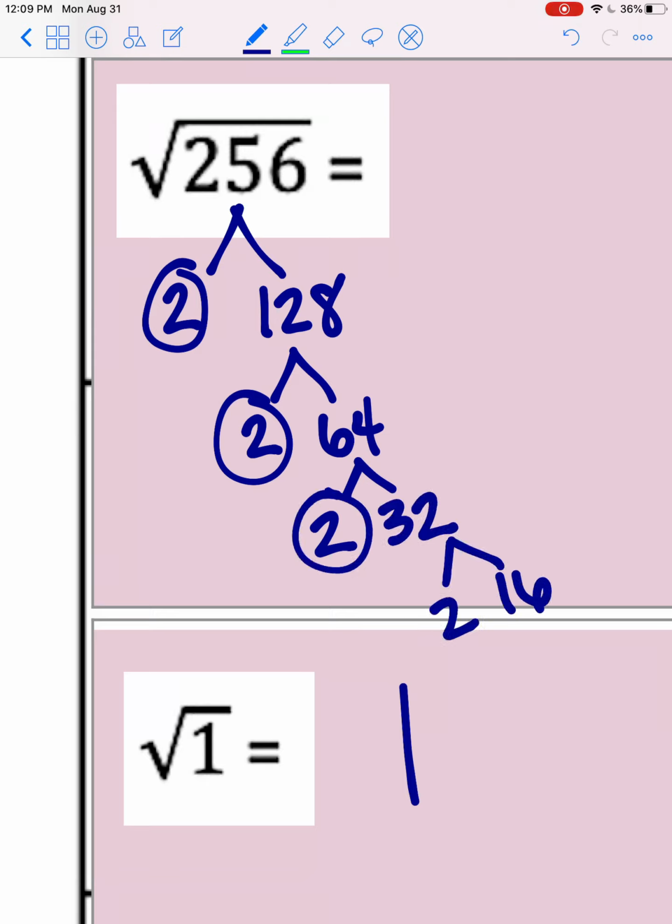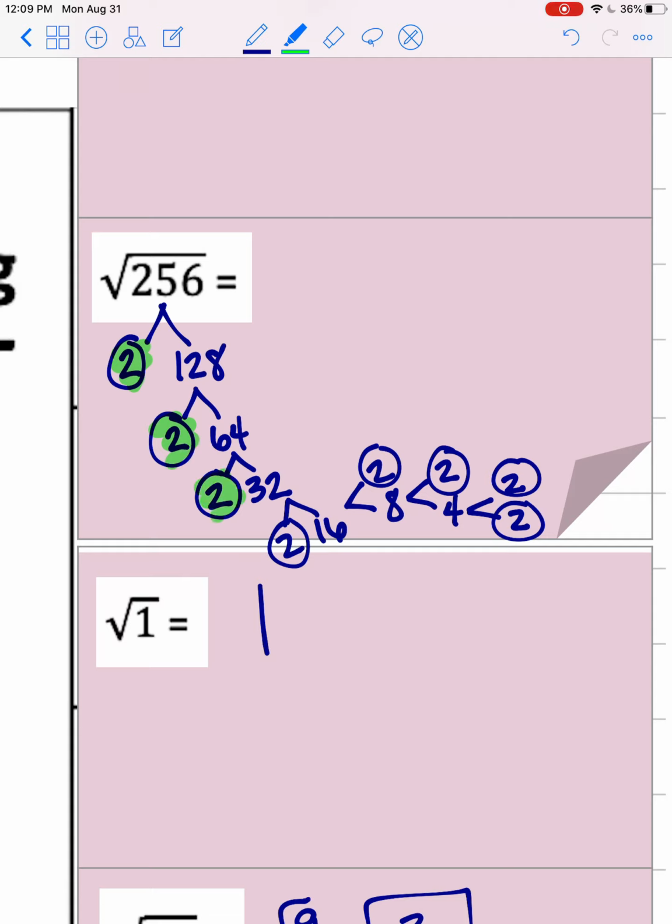32 can be split. 16 can be split. 8 can be split. And 4 can be split. Now, let's count how many 2's we have here. I see 1, 2, 3, 4, 5, 6, 7, 8.